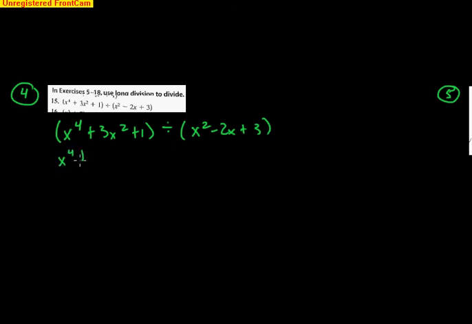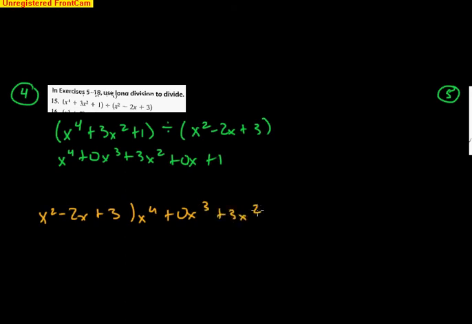X to the fourth plus 0x cubed plus 3x squared plus 0x plus 1. And now we need to go to town. The x squared minus 2x plus 3 is on the outside. The x to the fourth plus 0x cubed plus 3x squared plus 0x plus 1 is on the inside. And we're going to long divide.